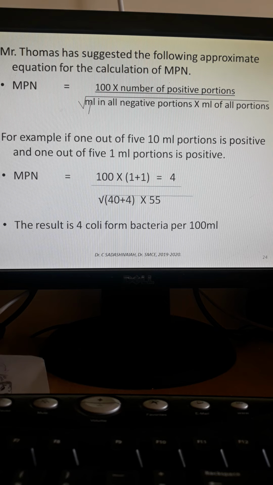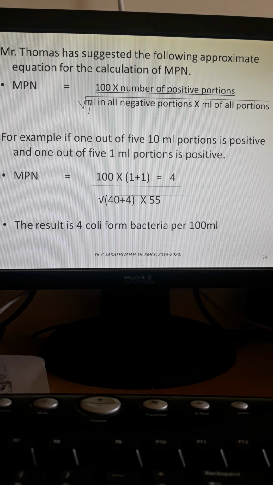And in the denominator, ml in all negative portions. In all negative portions we may use a combination of different portions, like say 10 ml, 1 ml, 0.1 ml, 0.01 ml, depending upon the test and its importance.